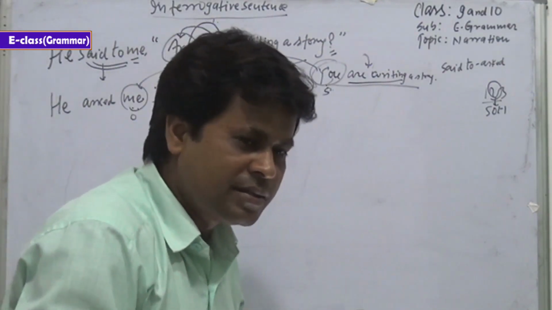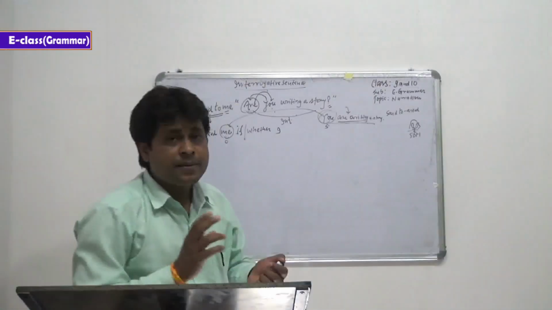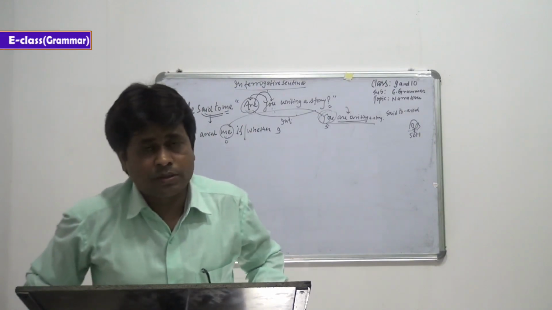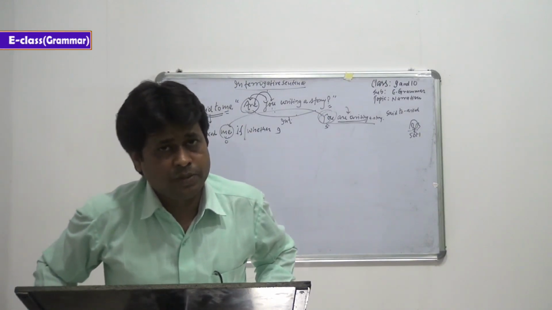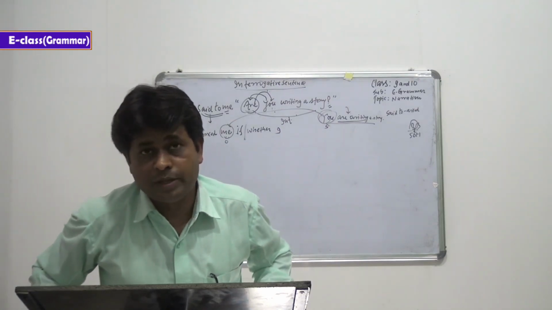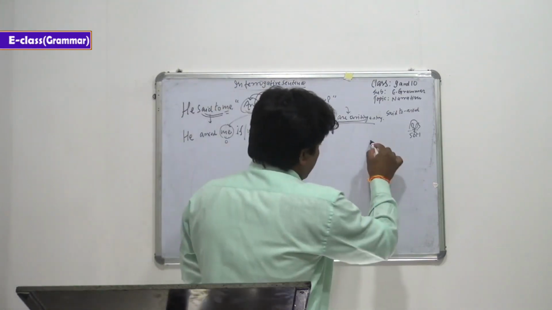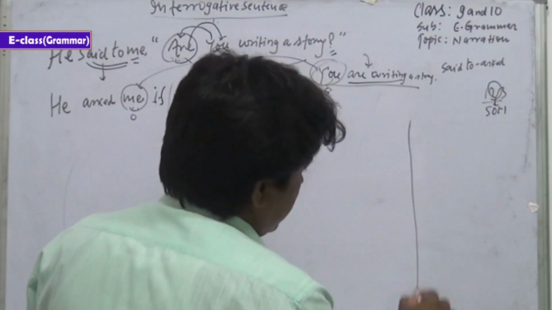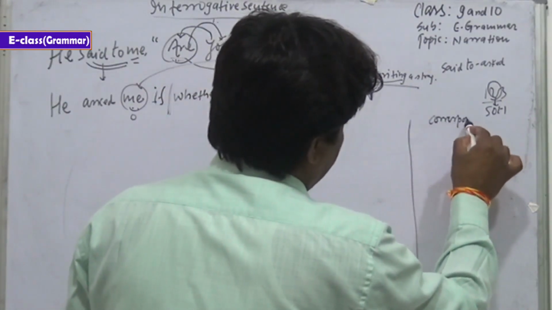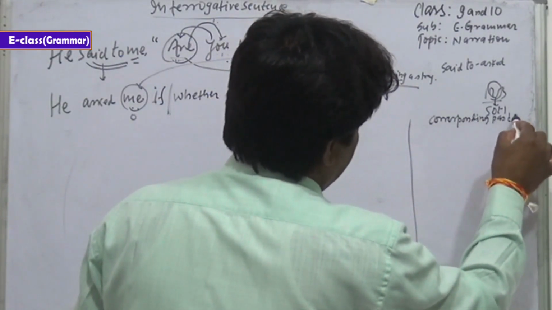Corresponding past. Past continuous. My dear students, in my second class, I had talked about the corresponding past tense, but unfortunately the picture was not very clear, very blurred. So I would like to write in short over here about corresponding past tense. Corresponding past. What does it mean?